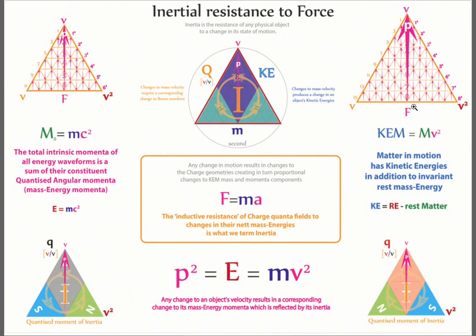We're looking at the force and how changes to the energy momenta within that field affect the velocity that it can create through that force for any specific mass under Newton's formulation F equals ma, where the acceleration is described as a change in velocity over time.